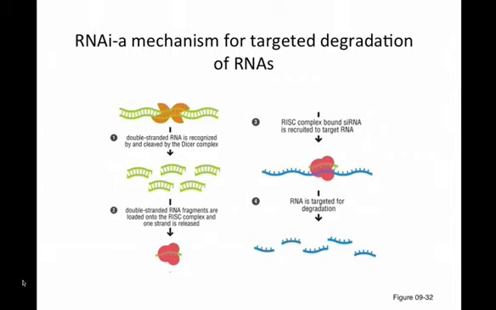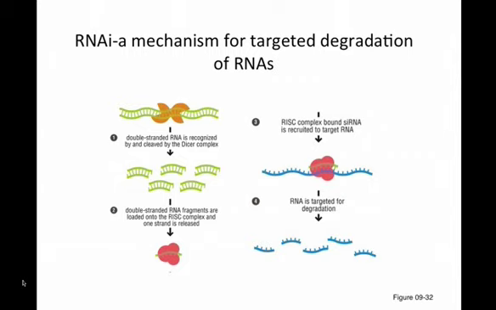And so this is where there are these short double-stranded RNAs that are recognized and cleaved by this protein complex called the Dicer complex, and it's cleaved into these very short double-stranded RNAs. And those are loaded onto another protein complex called the RISC complex, where one strand is released and now it's single-stranded RNA.